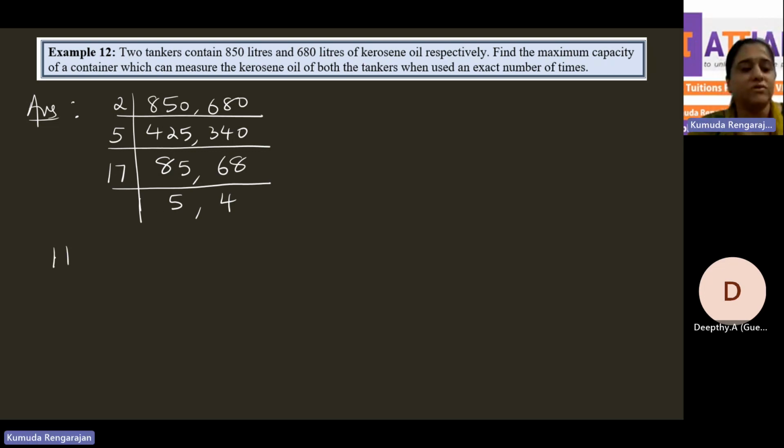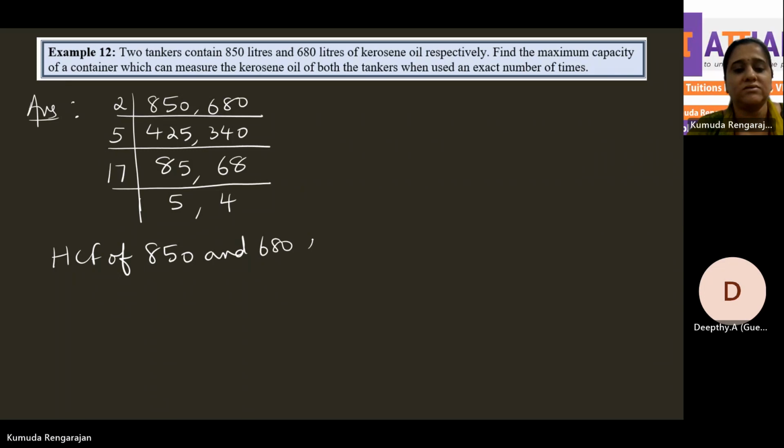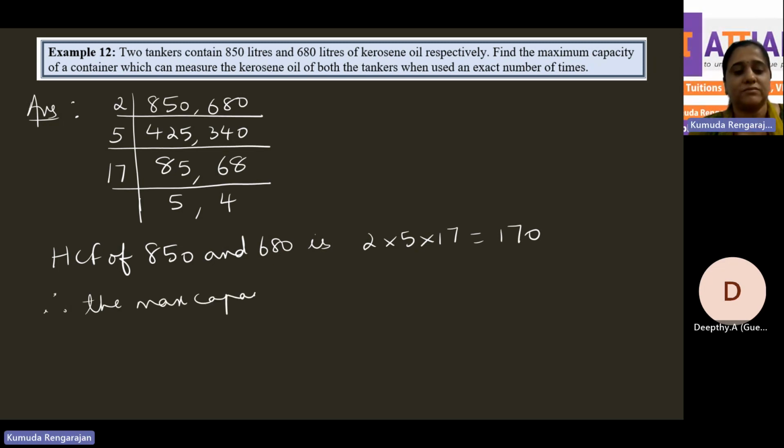So the HCF of 850 and 680 is 2 into 5 into 17, that is 170. Therefore, the maximum capacity of the container is 170 liters.